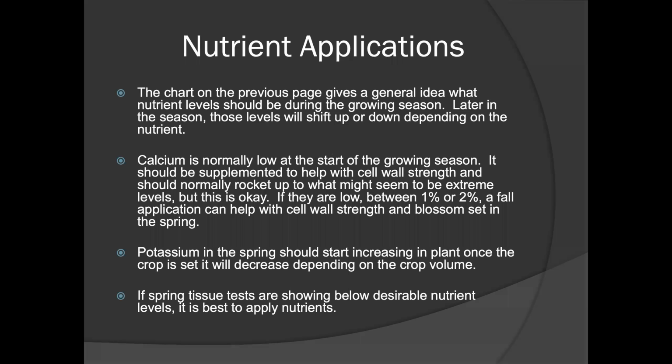So nutrient applications. I just basically talked through a little bit of it. Calcium is normally low at the start of the growing season, and I've seen numbers where calcium's incredibly low in the spring. Then by mid-season, you're at 4% on a tissue analysis. On a sap analysis, the numbers will be different.